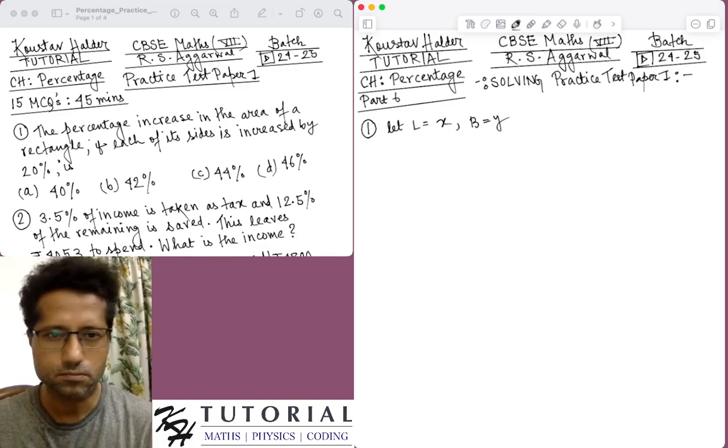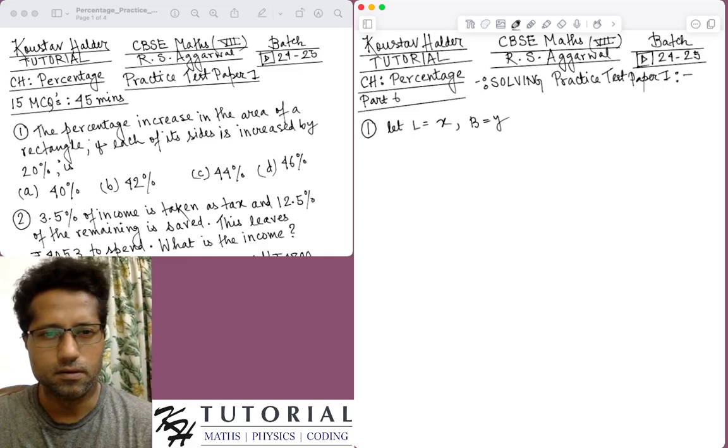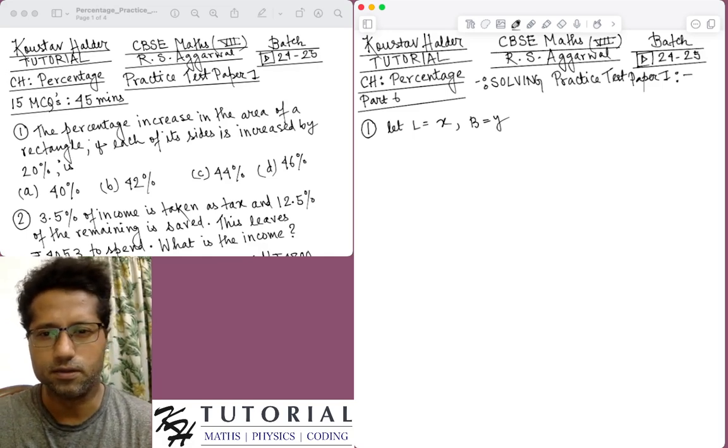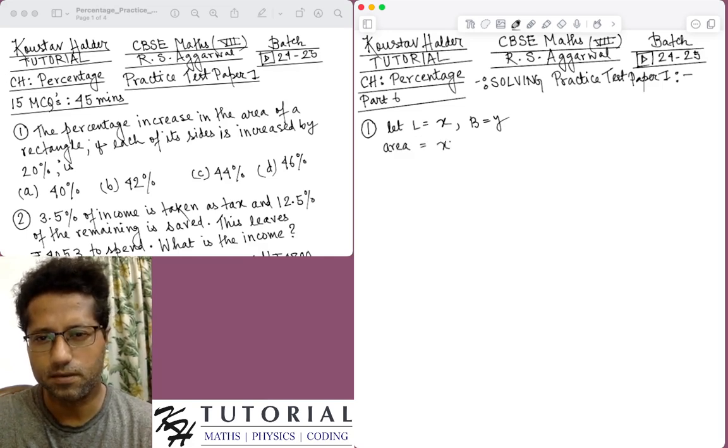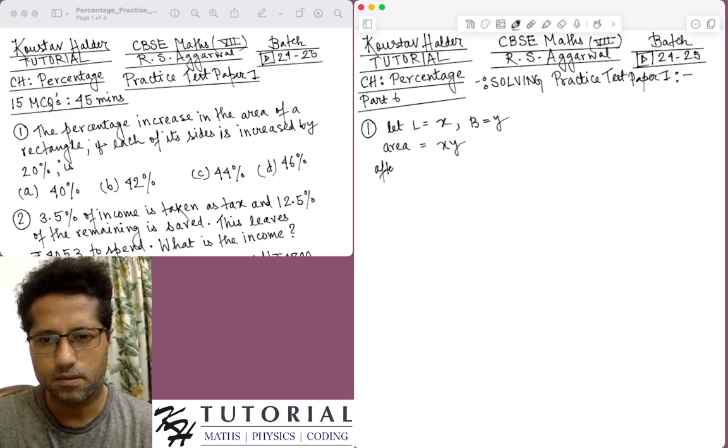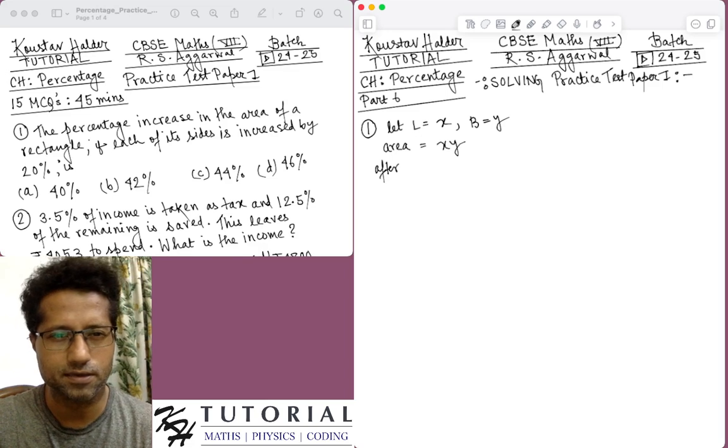So the area equals xy. Now each side is increased by 20%.